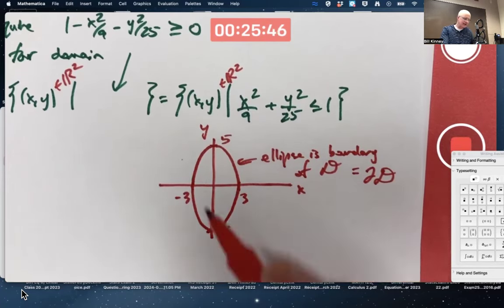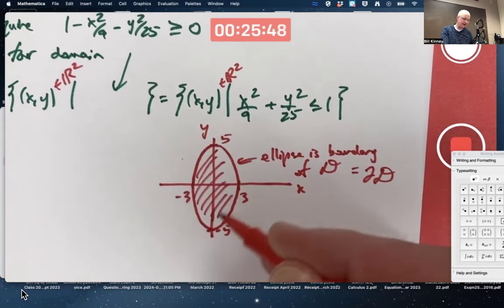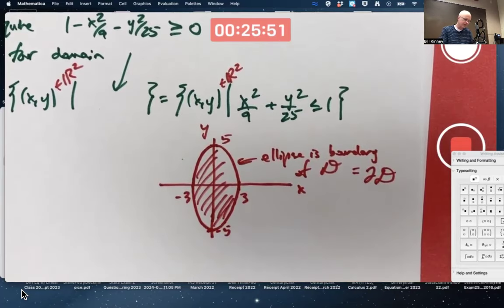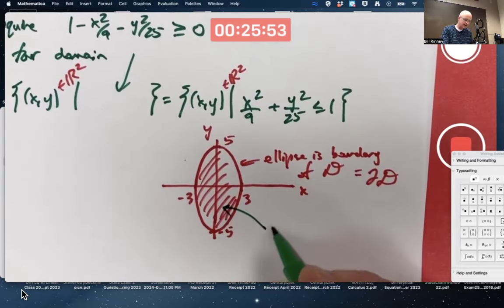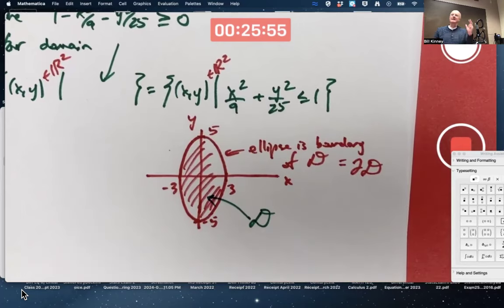That ellipse, and then the interior of the ellipse is also included in D itself. So D itself is the inside of the ellipse, the interior, and the ellipse itself.